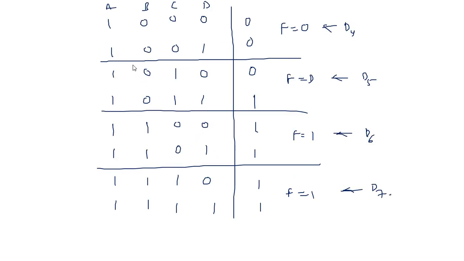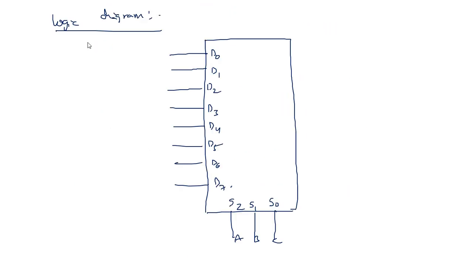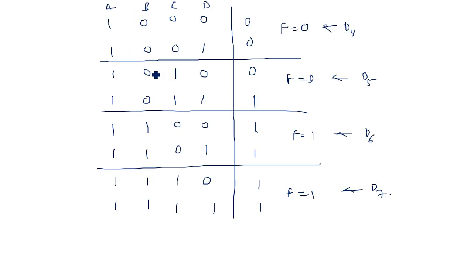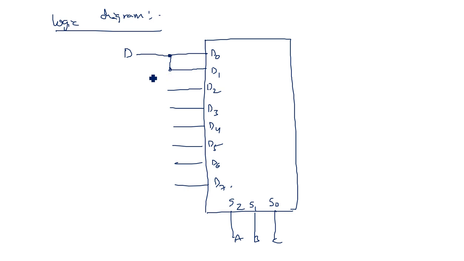So what are the connections now? D0 is 0, D1 is connected to D. Next, D2 is D bar, D3 is 0.